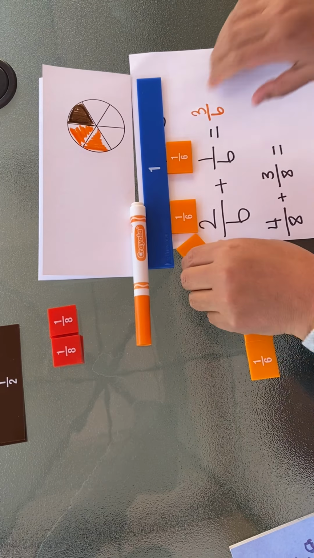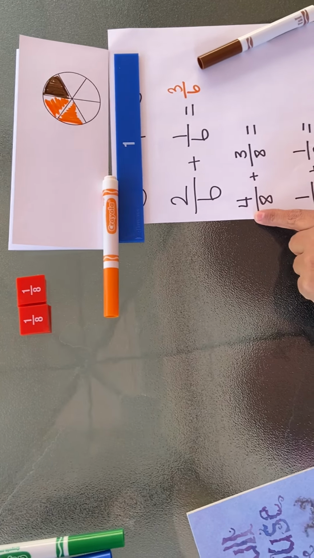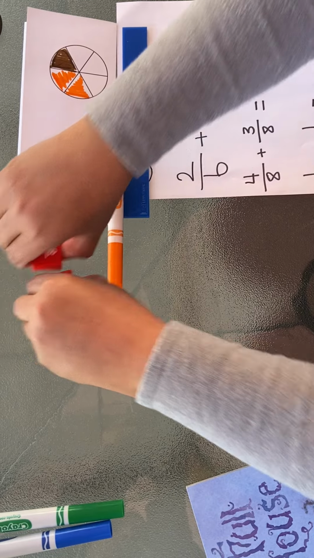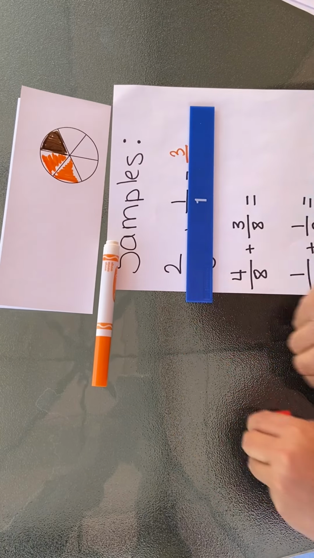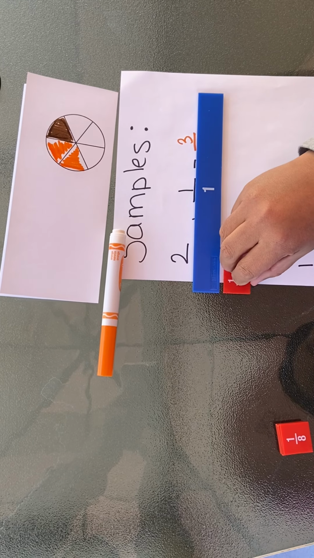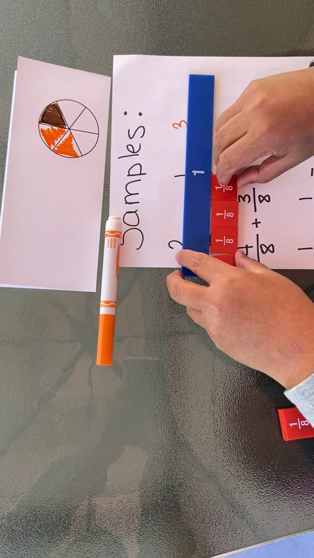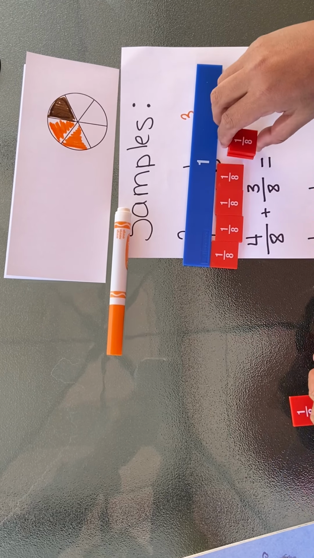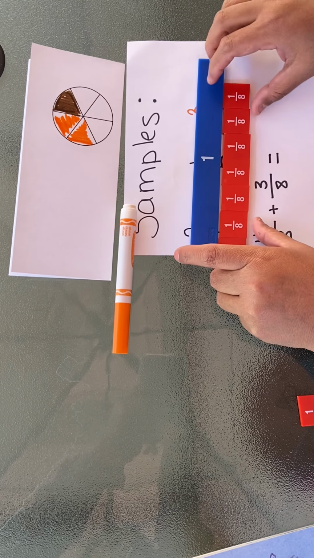Now, we can move on to the next sample, which is 4/8 plus 3/8. What we can do is have our whole, which is the 1, and add the 4/8, 1, 2, 3, 4, and the 3/8, 1, 2, 3.